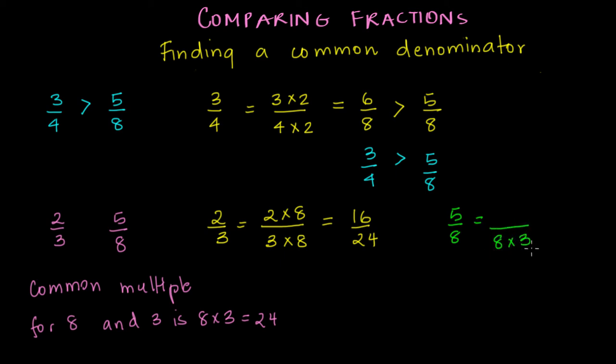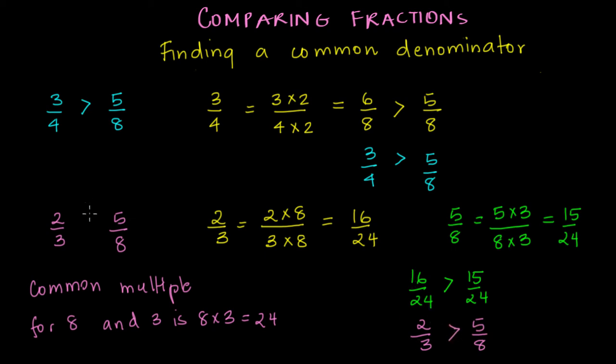So I'm multiplying the denominator by 3, I'll multiply the numerator by 3, and I have 15/24. So if I take 16/24 and 15/24, I know 16/24 is greater than 15/24. And if I go back to my original fractions, 2/3 and 5/8, therefore 2/3 is greater than 5/8.